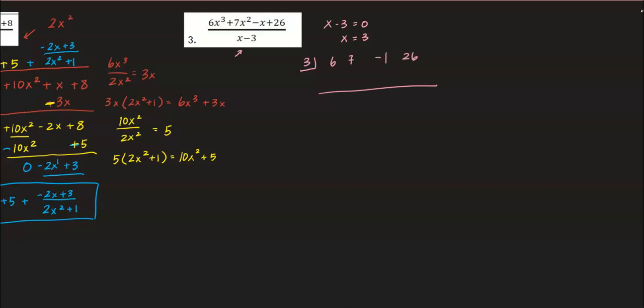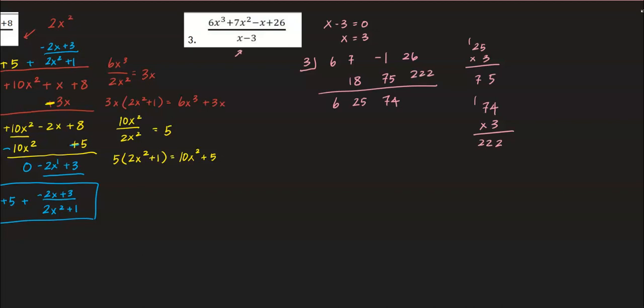Bring down the 6, 18, and then 25. 25 times 3, 15, 675. And then the 74 is 12. So you should be 222.